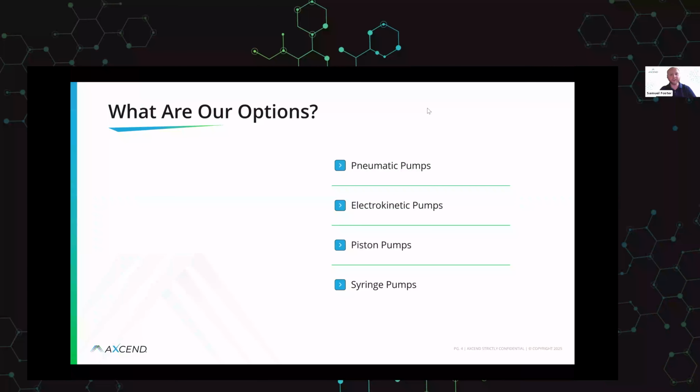It's looking like a mix of piston-based pumps and syringe pumps. Syringe pumps seem to be losing by a slight margin, and piston pumps are the most favored. That to me tracks, and we'll get into why. I'll leave it up for another couple of seconds.